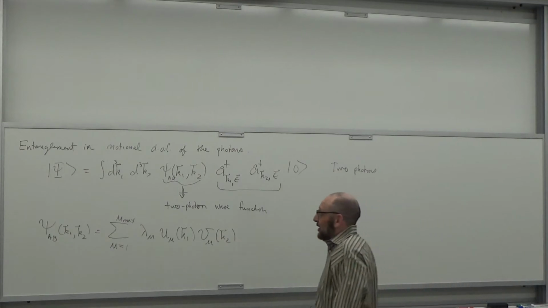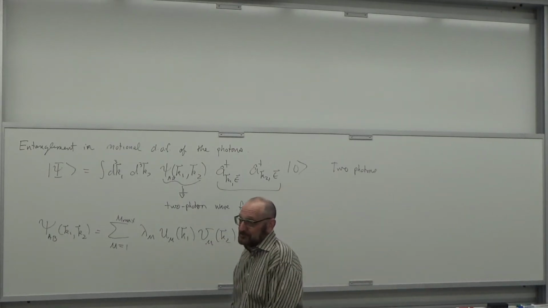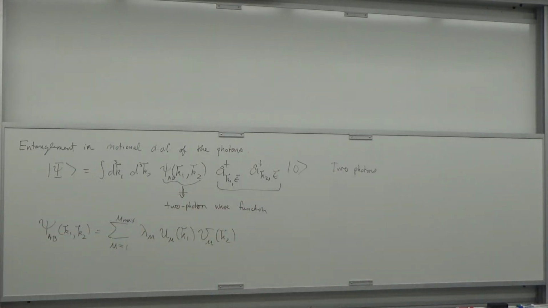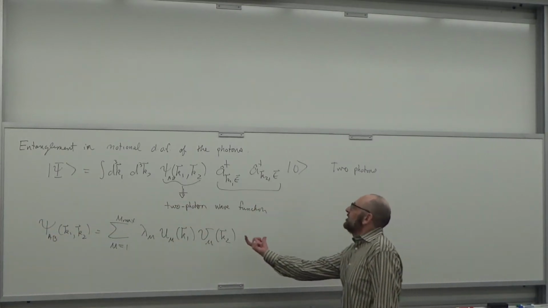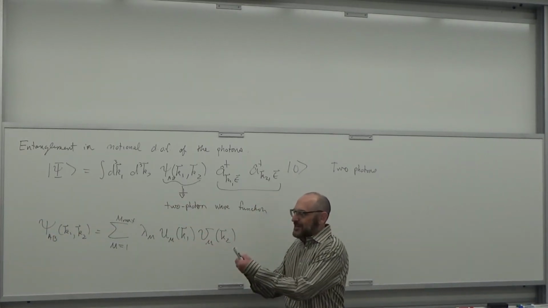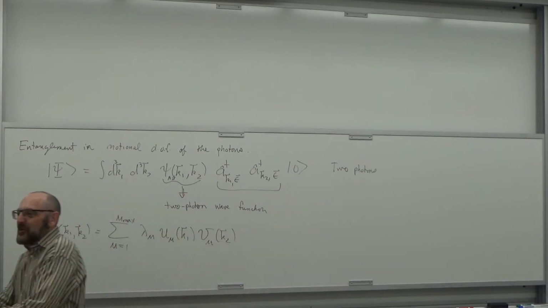For example, they might be Hermite Gaussians. They might be Laguerre Gaussians, which we would call orbital angular momentum states. And so this represents entanglement between the spatial mode of the photons.